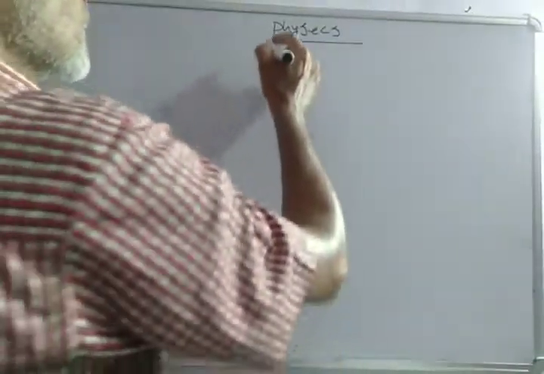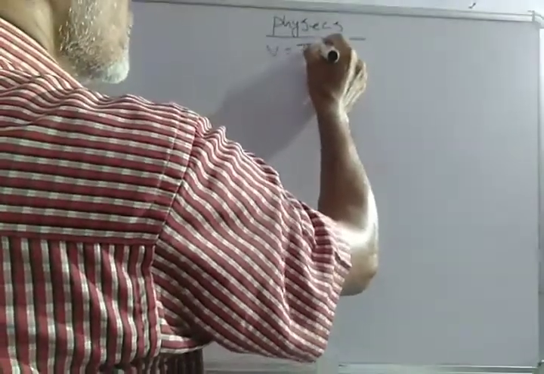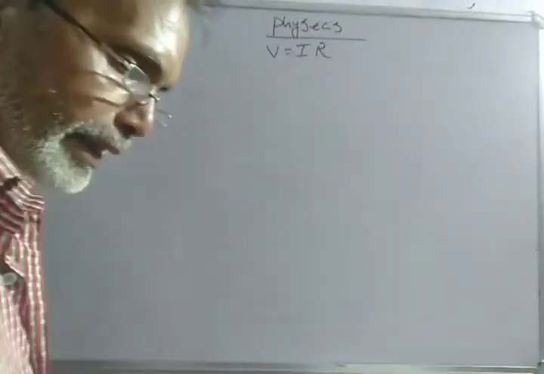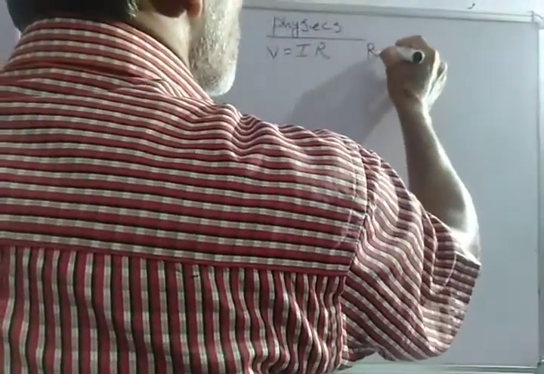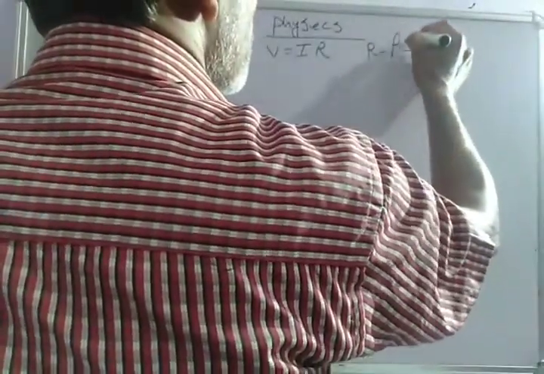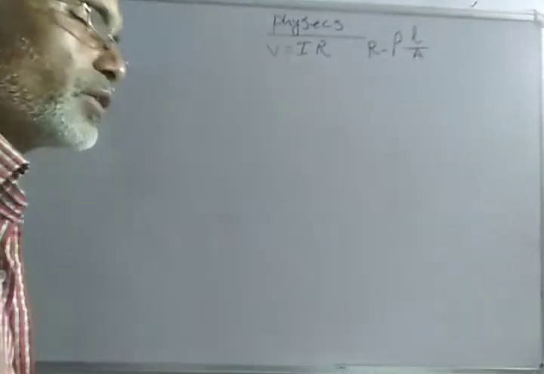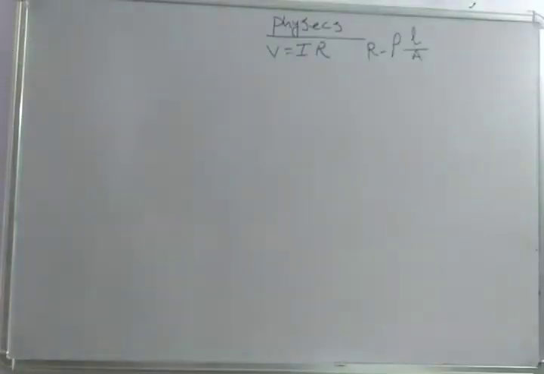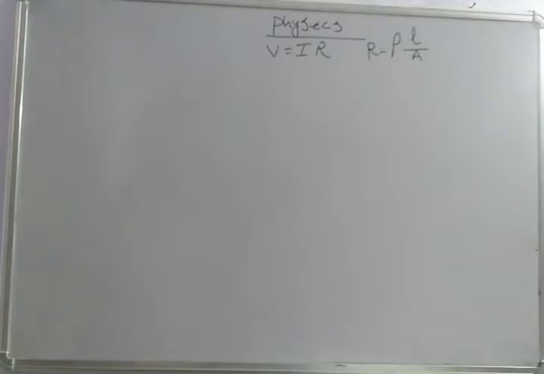V is equal to IR, and R is equal to rho L by A. So R is directly proportional to L, R is inversely proportional to the area of cross section, and rho is the resistivity of a material, also known as the proportionality constant.